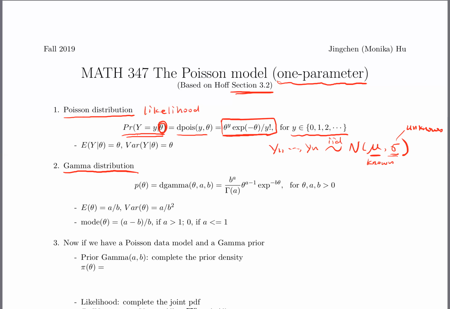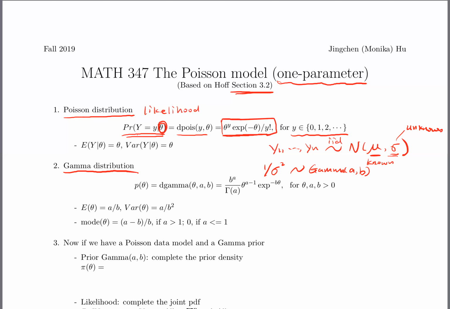Specifically, we assume that 1 over sigma squared follows a gamma distribution. We showed maybe two lectures ago that the posterior is a gamma, and we showed how the derivation goes.